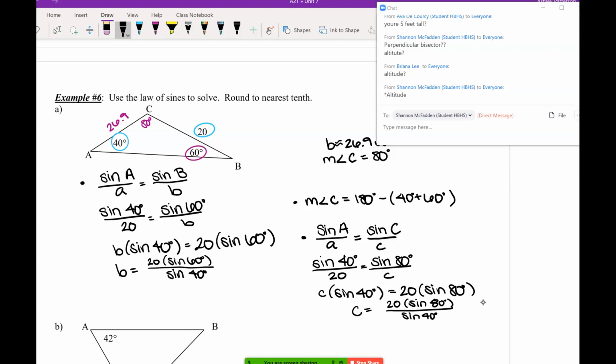All right, using our handy dandy calculators, what do we get for little c?